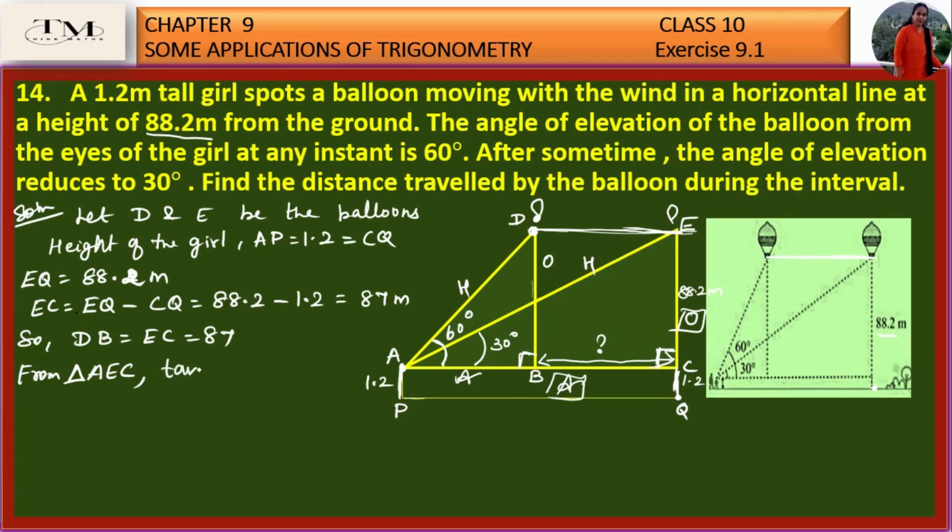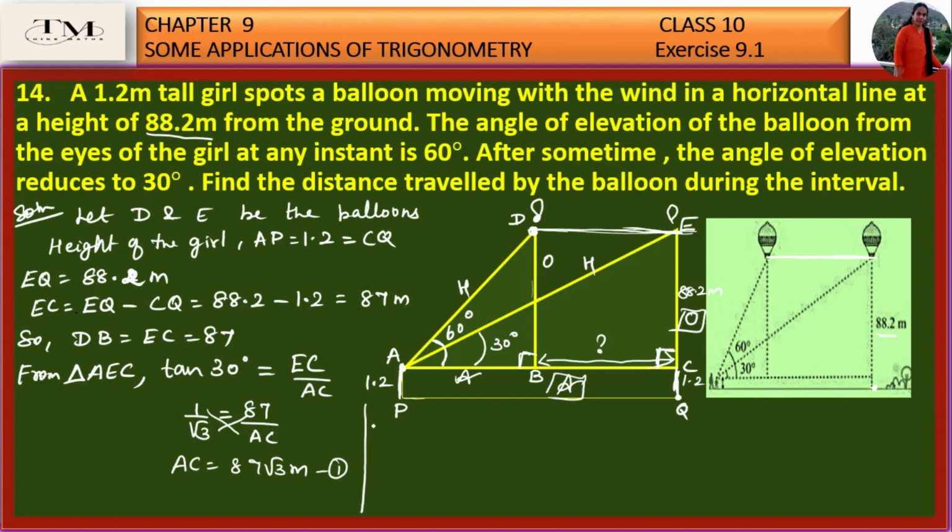So tan 30-degree is equal to opposite EC by AC. Tan 30 is 1 by root 3, equal to EC which is 87, by AC. Just cross multiply: 1 into AC is AC equal to 87 root 3 meter. Keep this as 1.